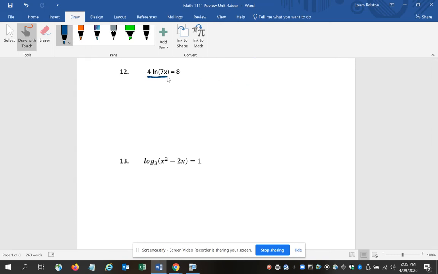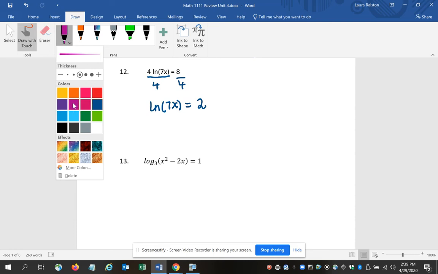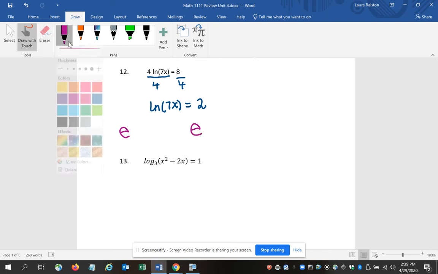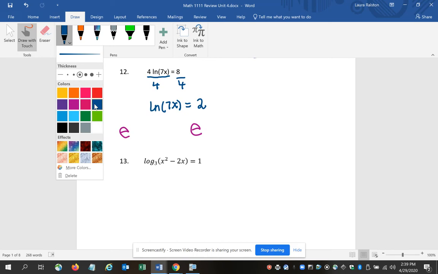So I'm going to divide both sides by 4, which gives me the natural log of 7x equal to 2. And then I need to use my inverse property. So I need to use base e. So I'm going to raise both sides to e.